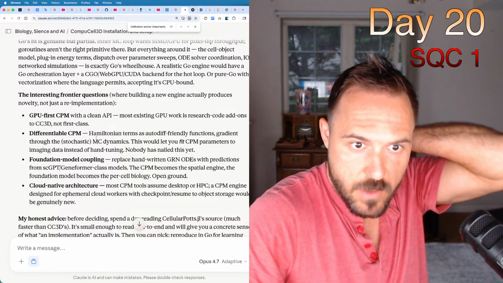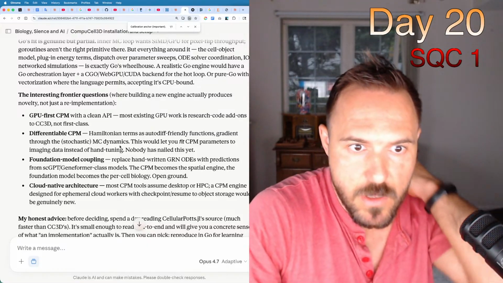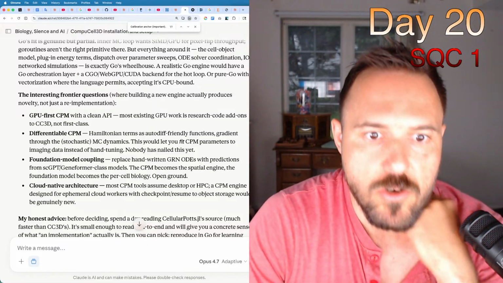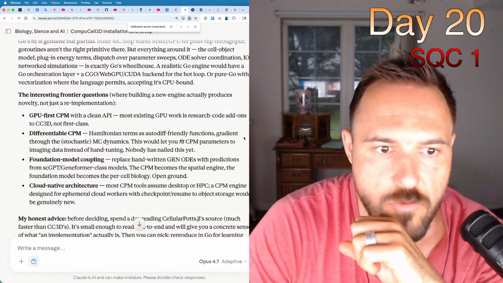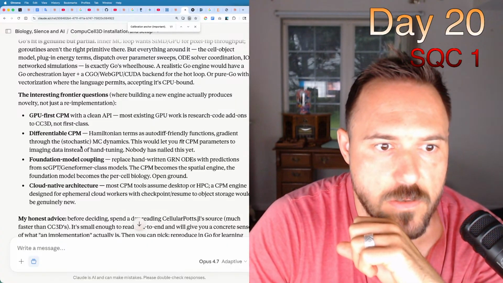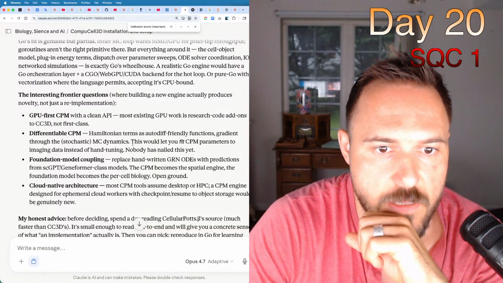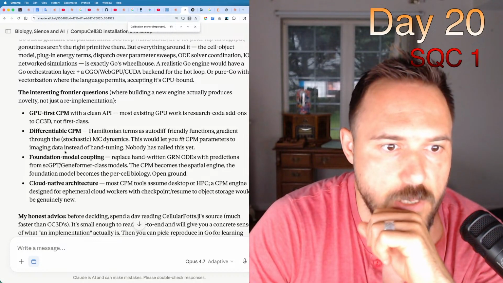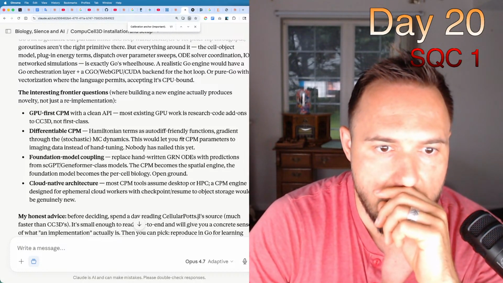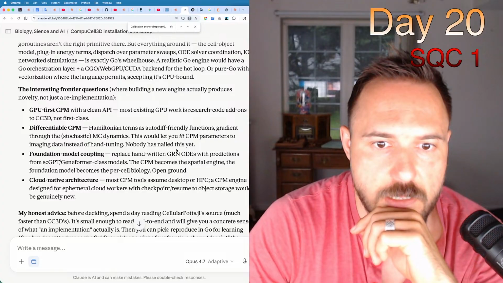Differentiable CPM: Hamiltonian terms as an autodiff-friendly function, with gradients through the stochastic Monte Carlo dynamics. This would let you fit CPM parameters to imaging data instead of hand-tuning. Nobody has nailed this yet.